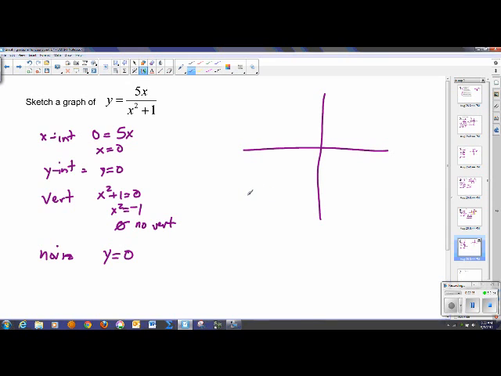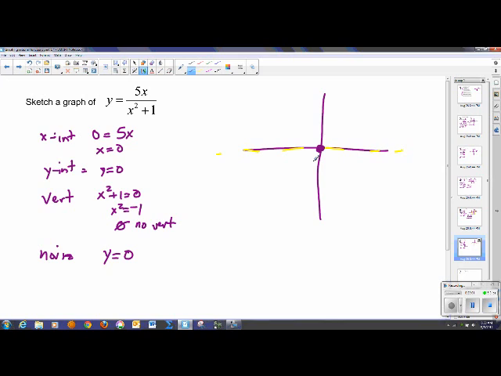I have one asymptote, and that asymptote's horizontal, and it's where y equals 0. So it's basically on that x-axis again. I have intercepts, both at 0, so that's at the origin. Once again, we have an intercept on our horizontal asymptote.